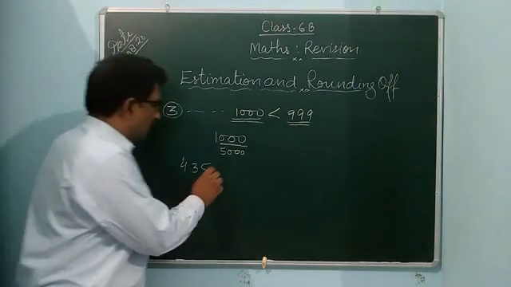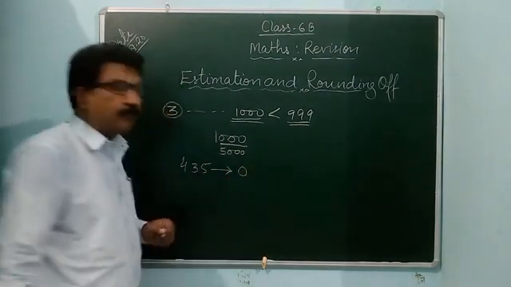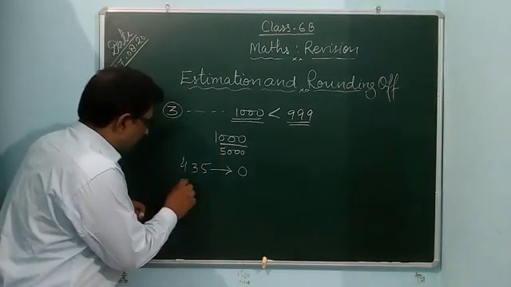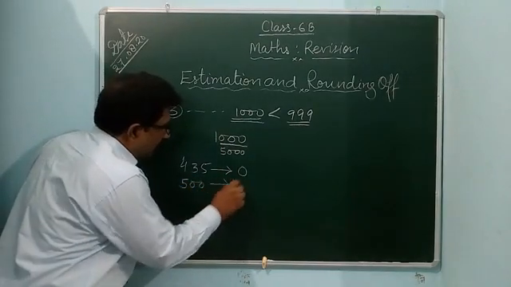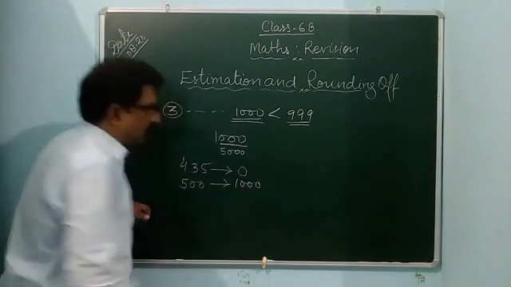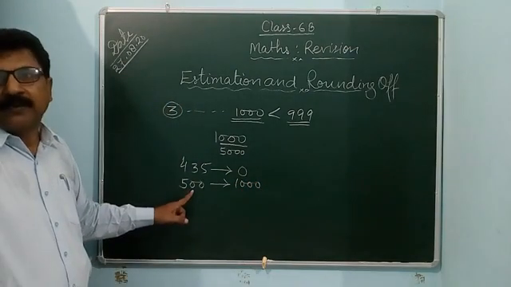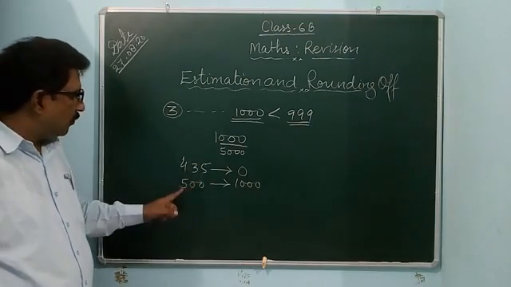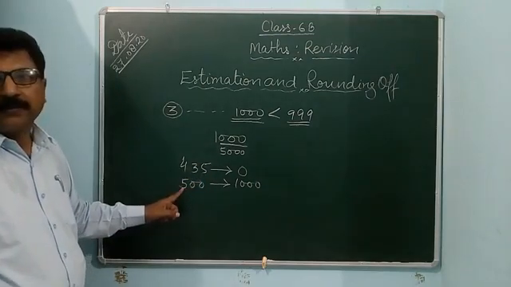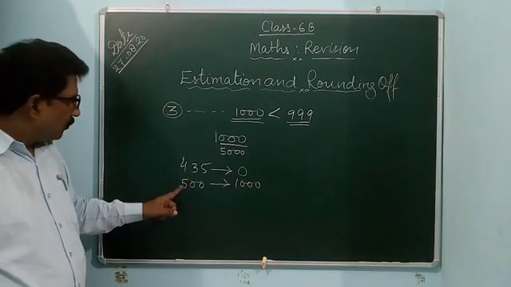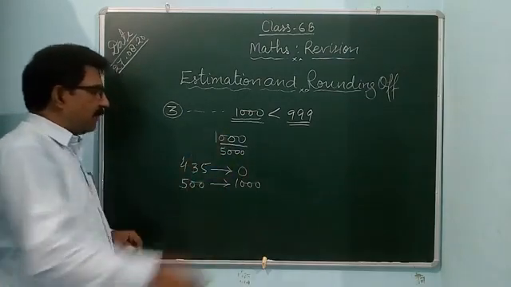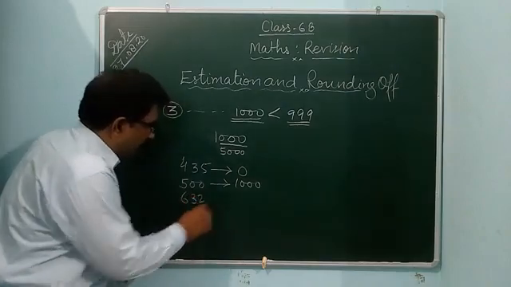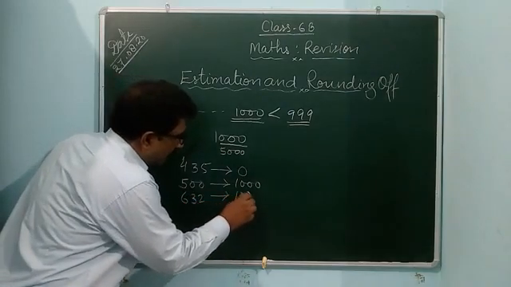It will be 0, because 435 is less than 500. But 500 will be estimated as 1000, because 500 is 5 or more in the hundreds place. So more than 500, like 632, will also be estimated as 1000.